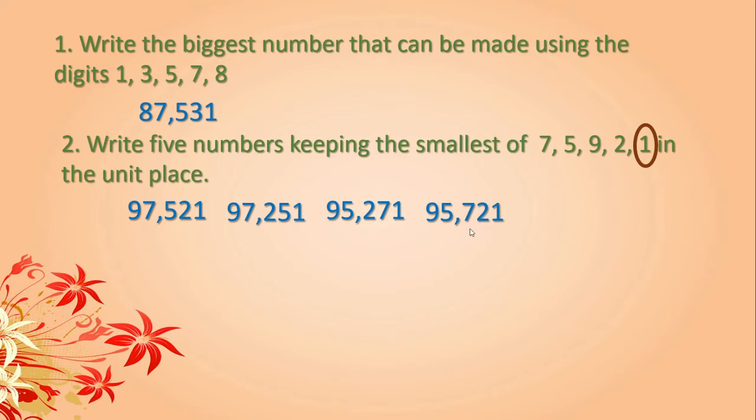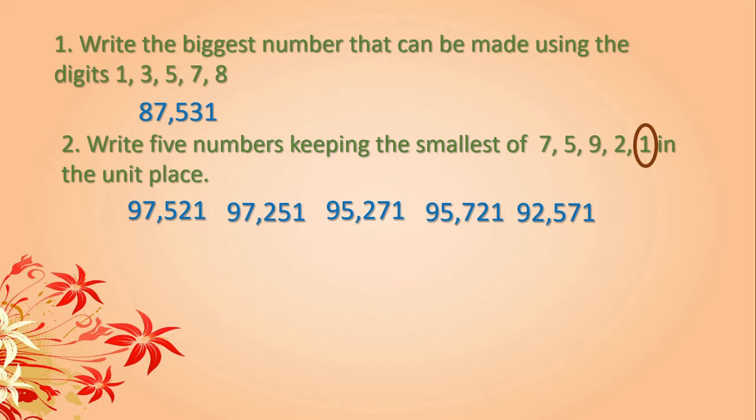Only you have to exchange the places while making numbers like these. The last one again, these 2. 92,571. Not to touch this unit place because it is given that we should not change the unit place. That should contain the smallest digit. Right? That is nothing but 1.